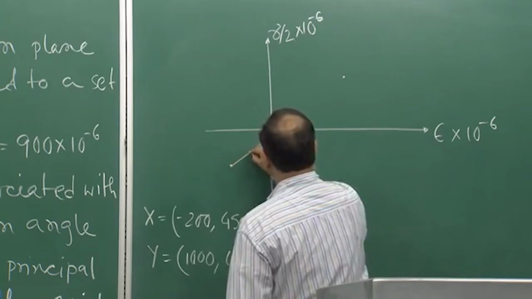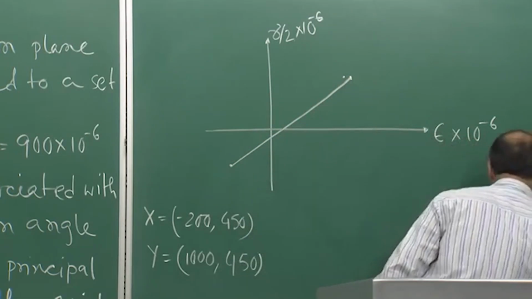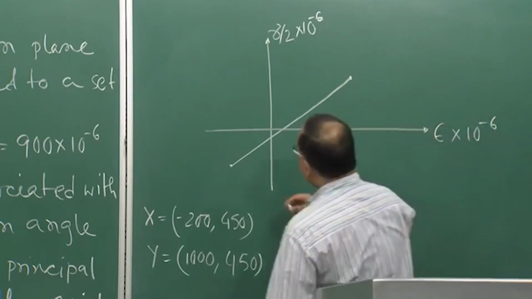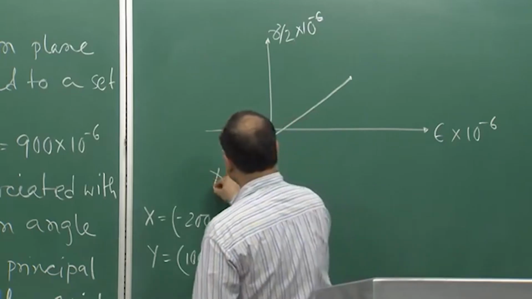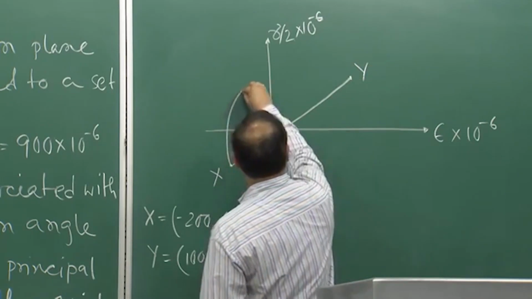So, I am joining these 2 points. So, this is my x point, this is my y point, and I am joining with the Mohr circle.